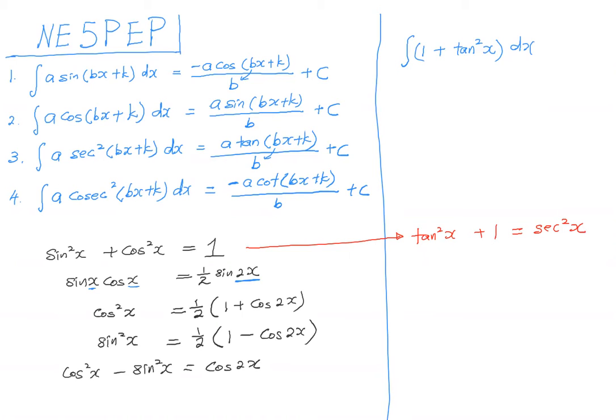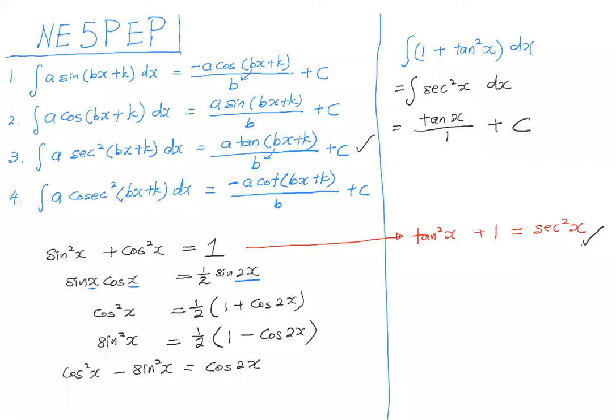So you can replace this as sec square x dx. Clear? So based on our formula here, you integrate sec square x, you will get tangent x divided by 1 plus c. So is this formula important? It's important. Actually, you get it from here.